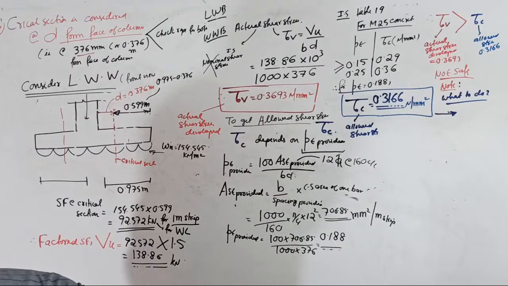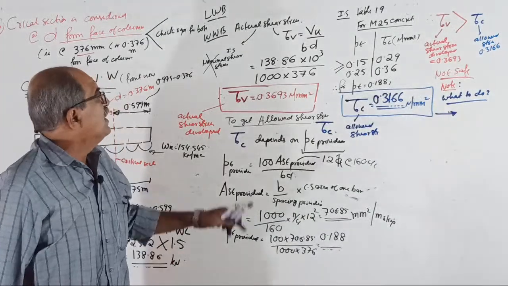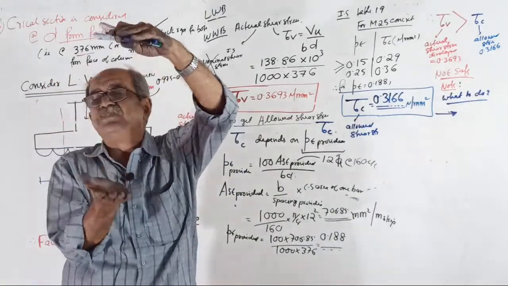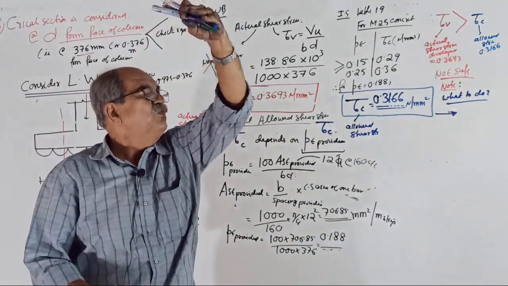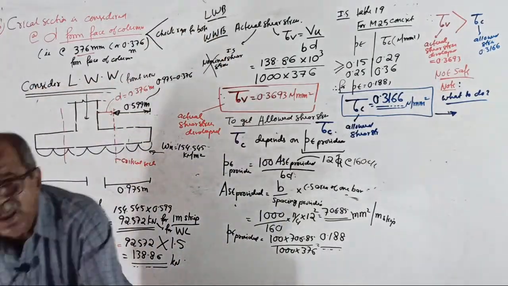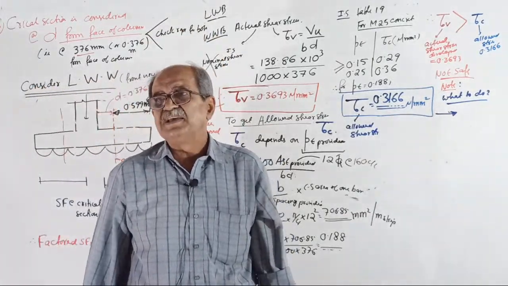I can't tell, 475? I told 500 risk is there. We are given overall depth 450. Better a little more, 500 is risky. Say 550 or 600.